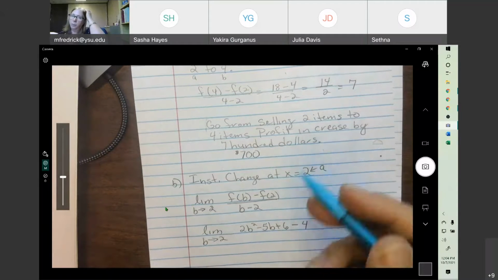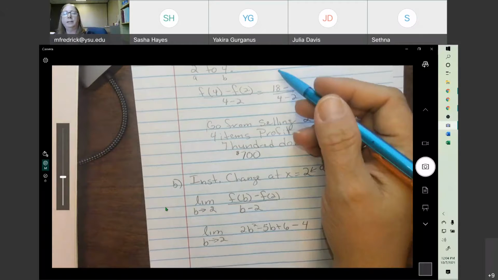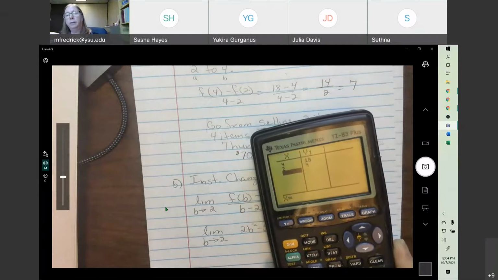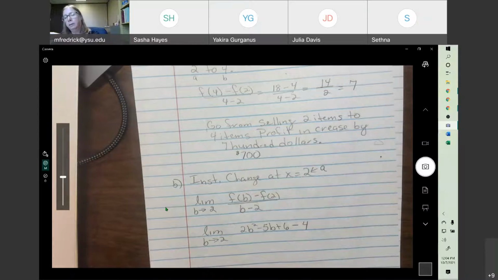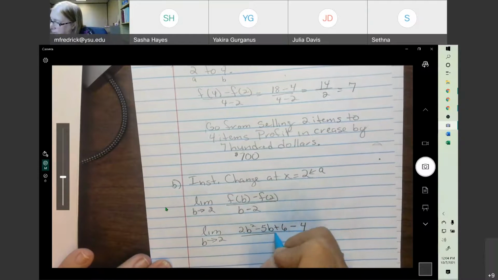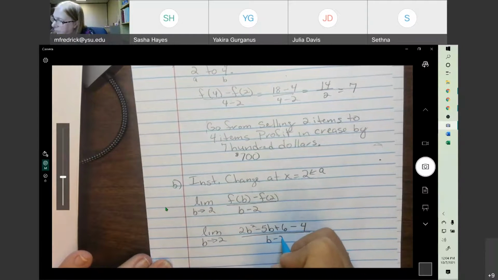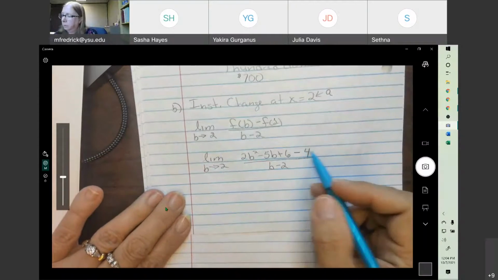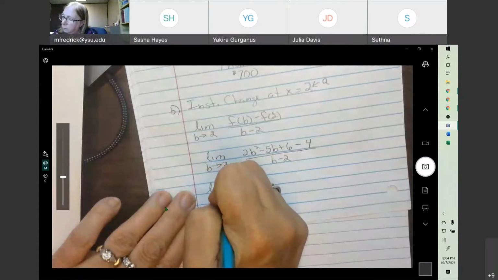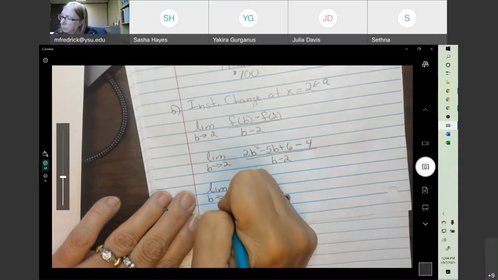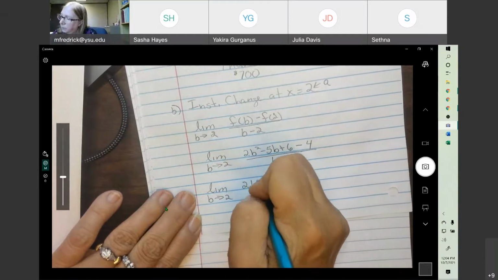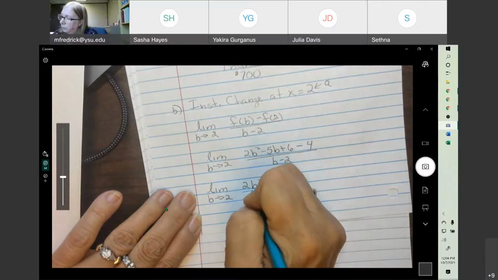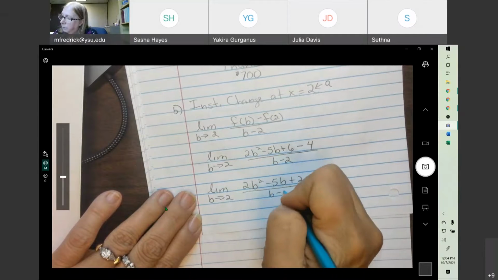So when you have multiple questions and you're using that same equation, using the table helps when you have to plug different values in, all over b minus 2. Combine your like terms: 2b squared minus 5b plus 2 over b minus 2.